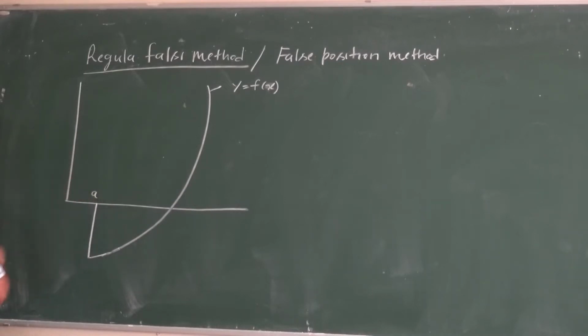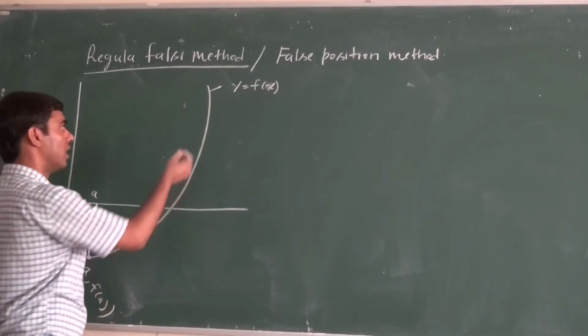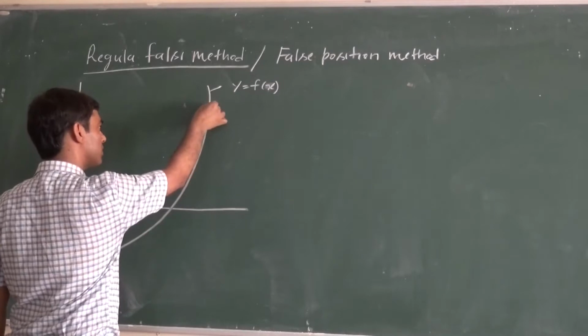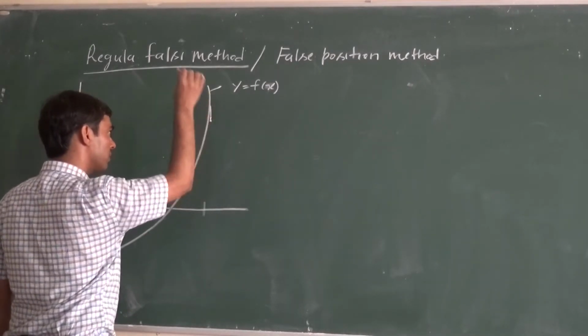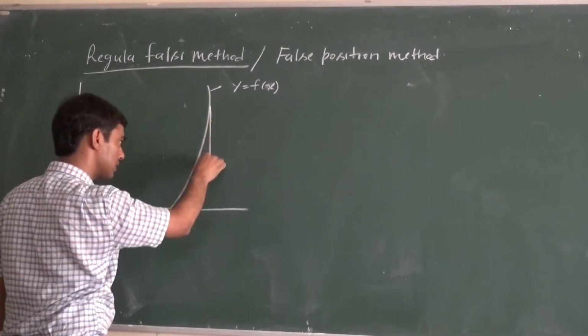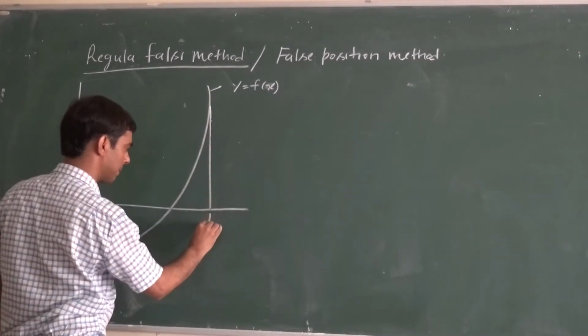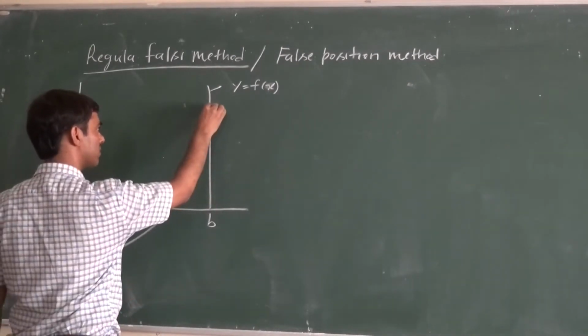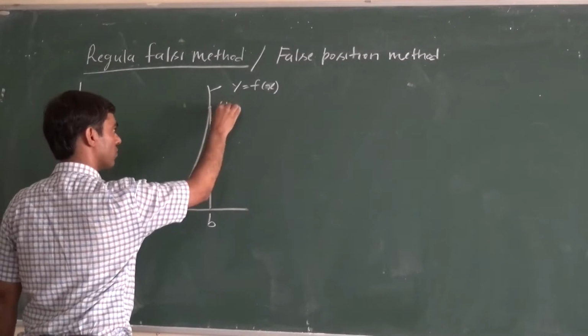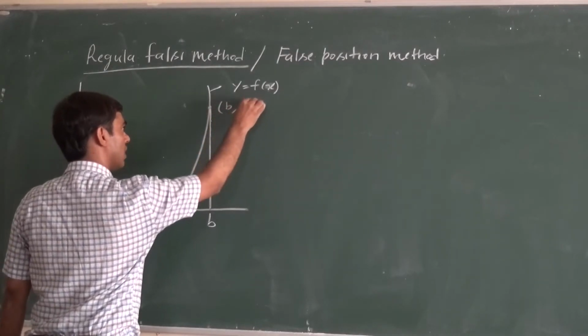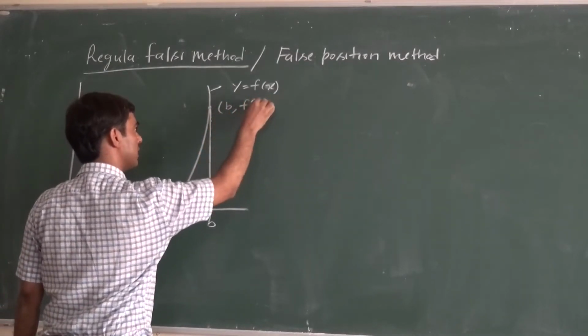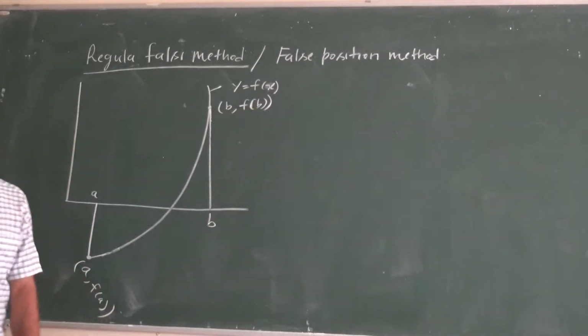Suppose this point is a, and the coordinate of this point is (a, f(a)). And one point where the value of the function is positive. Suppose this one is b, and the coordinate of this point is (b, f(b)).